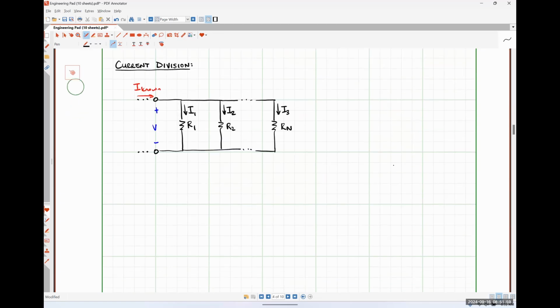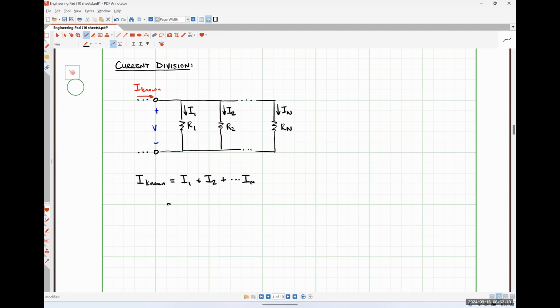So applying KCL here, I would have I known is equal to I1 plus I2 all the way out to I sub n. And I'm going to change that label from I3 to In so that it's consistent. I apologize for that mistake.